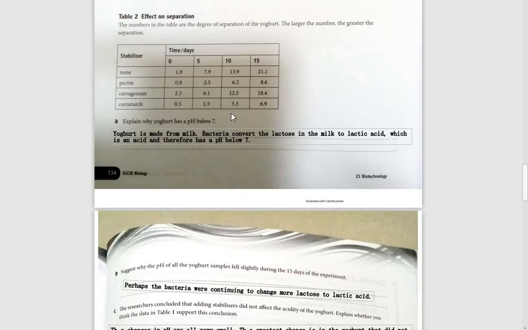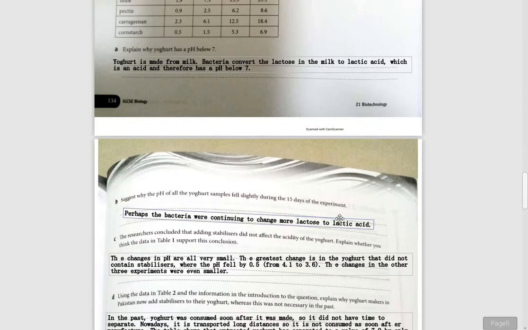So that is why the pH continuously fell. When bacteria are constantly converting the lactose in the milk into lactic acid, it will become more acidic. That's why the pH fell, and this could be one possible reason. Another thing is somehow related to this.